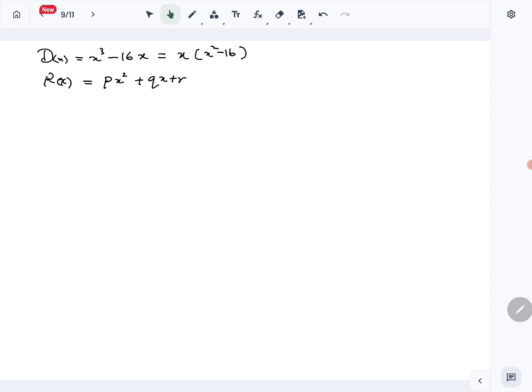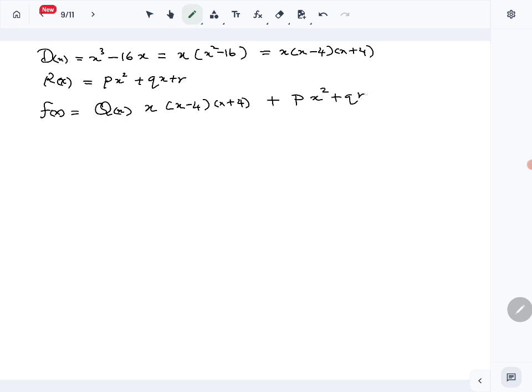So let's write them down. We know from the division algorithm, f of x is equal to quotient times divisor, where I fully factor this divisor, plus the remainder we want to find, px squared plus qx plus r, right?